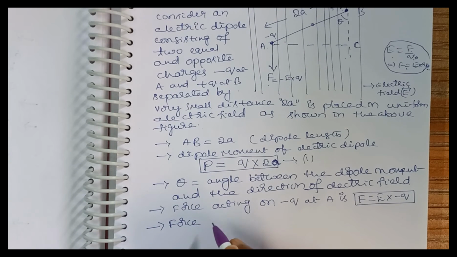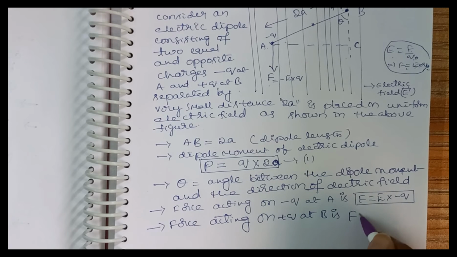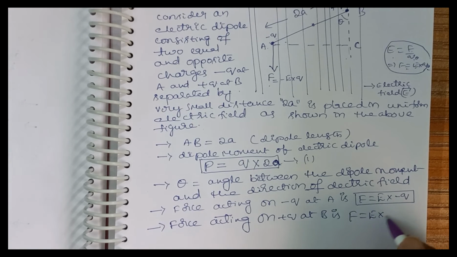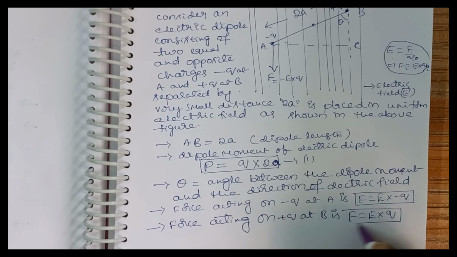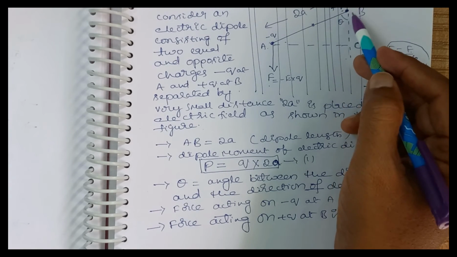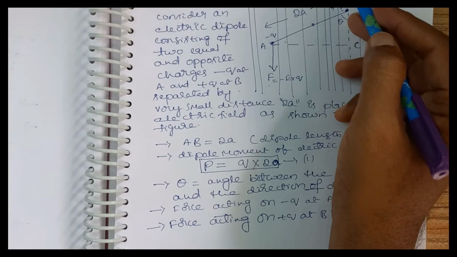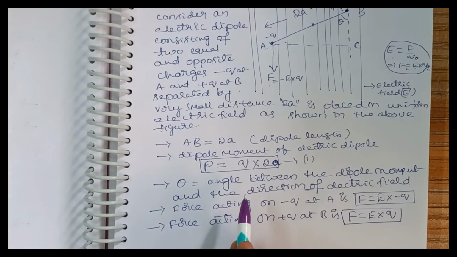Force acting on plus q at B is given as force equals intensity of electric field into charge, but here the charge is plus q, so E into q, and the other is E into minus q. One acts in the upward direction, the other in the downward direction.